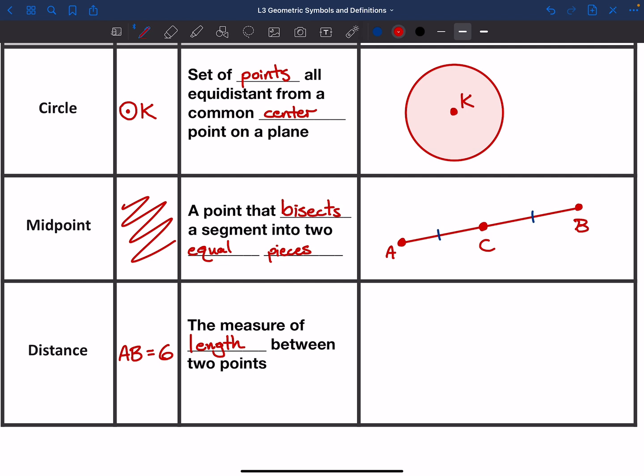So it's just, again, how far it is. In order to show that in a diagram, we're first going to draw some sort of line segment, put A on one side and B on the other. And then to show distance, there's a couple different things we can do. One of which is we can draw this little fancy curly brace and label it with 6, saying that from there to there, that's 6.